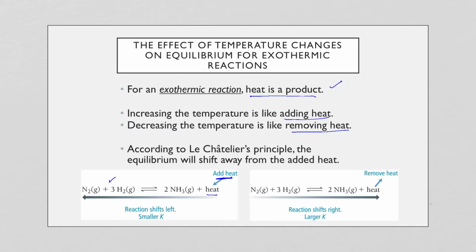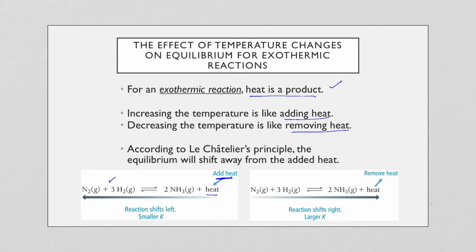Now, one of the things I have to mention right away is that temperature changes will change the value of K, because notice we didn't disturb the system by changing the amount of material. So when this reaction shifts to the left, I'm going to increase the amount of N2 and H2 and decrease the amount of NH3.